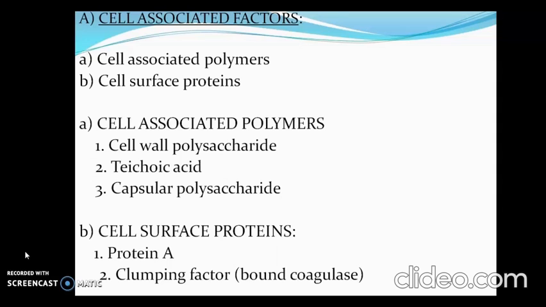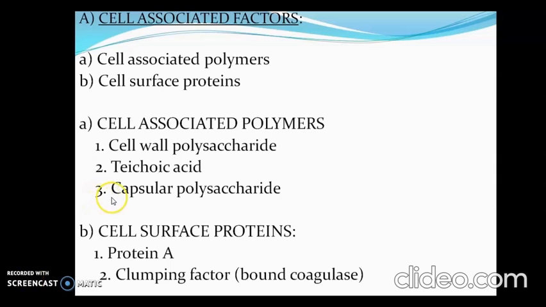And the second one is teichoic acid. It's an antigenic component of the cell wall and it facilitates adhesion of the cocci to the host cell and protects them from complement-mediated opsonization.